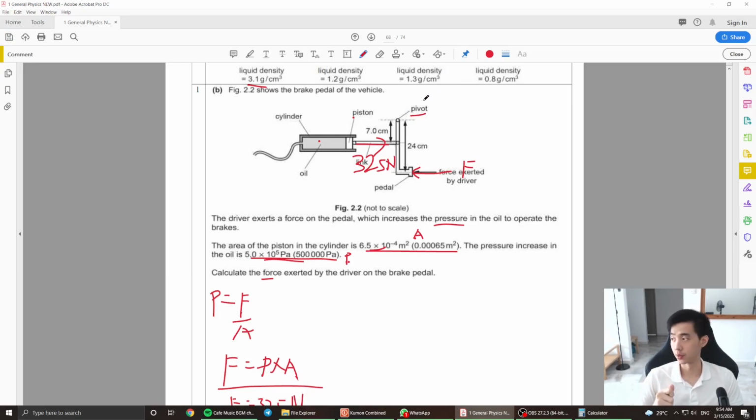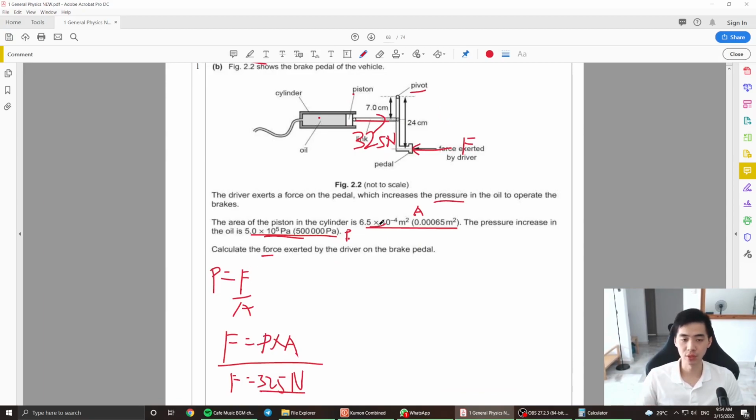If there is a pivot in the question, it is always going to indicate that you are supposed to solve it using moments, guys. And since there's one force here that acts in the clockwise moment and another force here that acts in the anti-clockwise moment against the pivot, I can simply use the moments in equilibrium formula, which states that the total anti-clockwise moment is equal to the total clockwise moment.